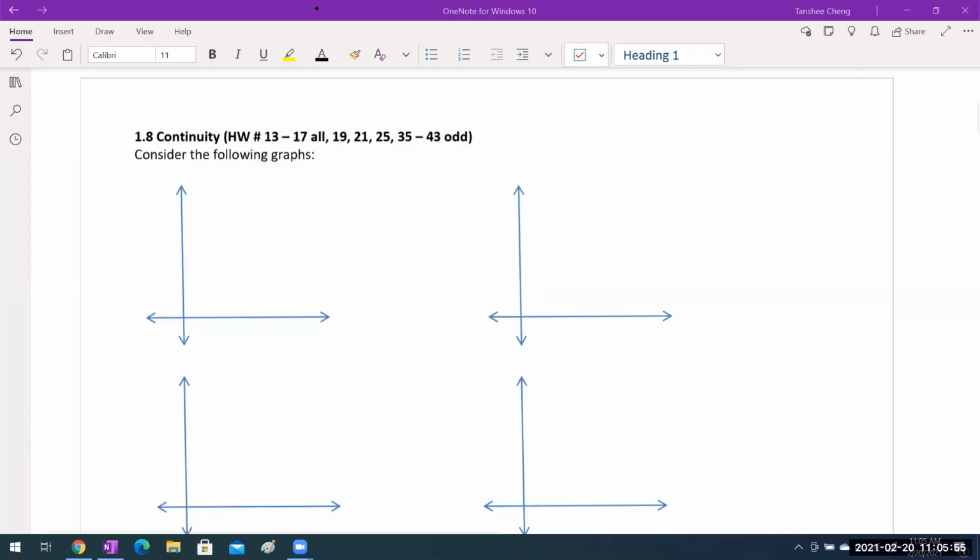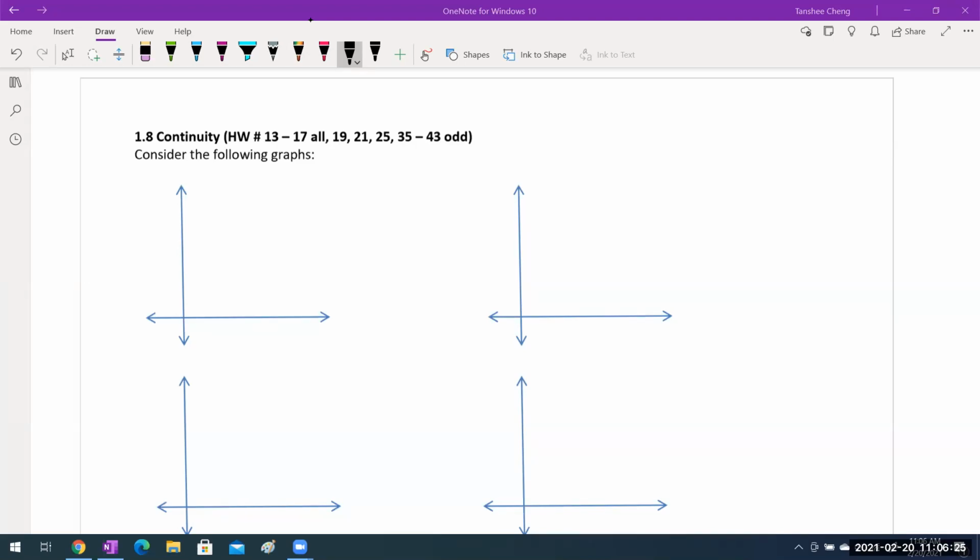1.8 Continuity. In section 1.6, we used the limit laws to evaluate the limits of functions. For many of those functions we were able to use direct substitution, and those functions hold a property called continuity.